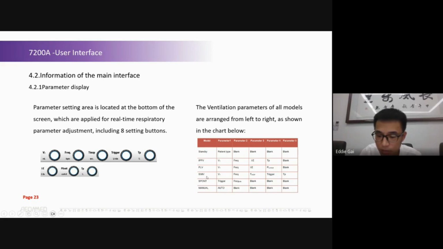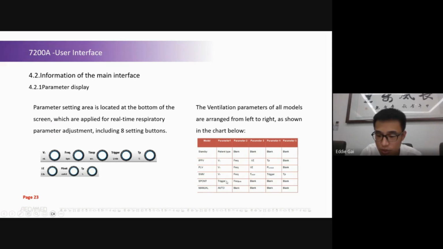And SIMV mode is for the patient who has spontaneous breath, and there will be a trigger parameter. The machine will get the trigger from the patient and give support of the gas. Spontaneous ventilation mode is all detected breath.